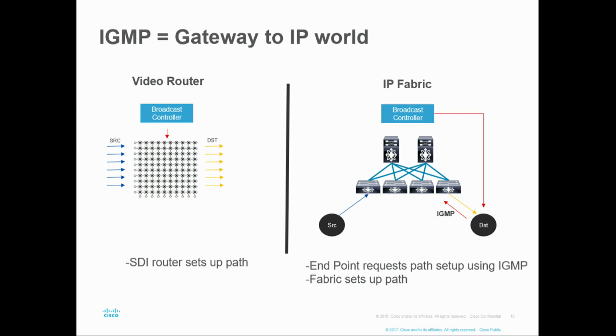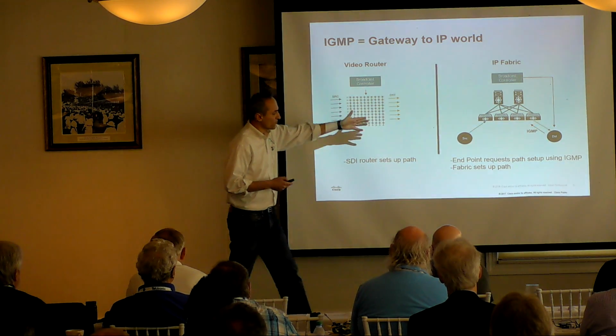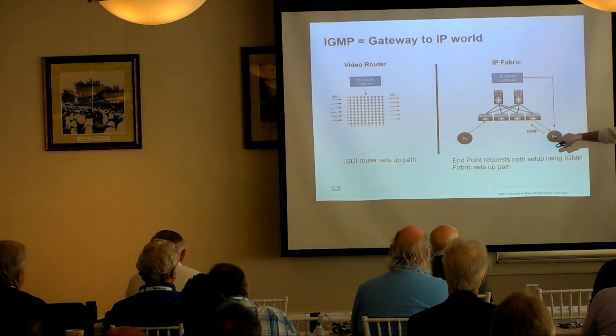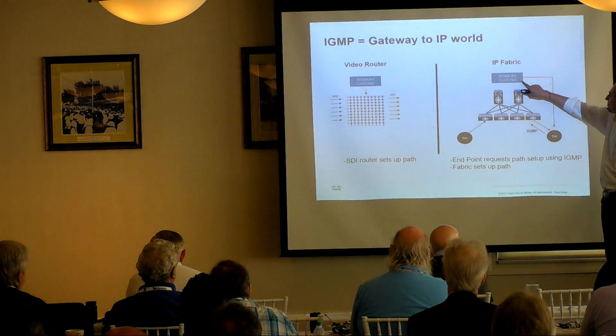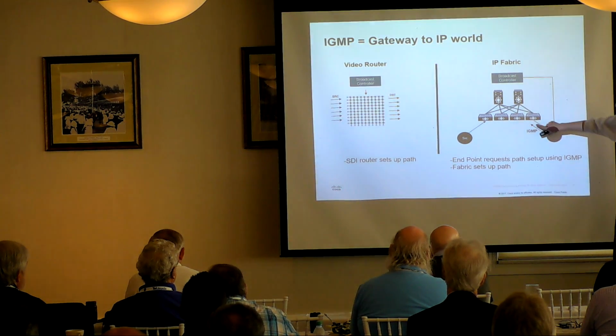In an IP world, it's IGMP to the endpoint. Basically, what I'm showing there is we are instructing the receiver endpoint to do the switch. So if you notice, the broadcast controller almost bypassed the fabric. All the signaling is being done using IGMP.